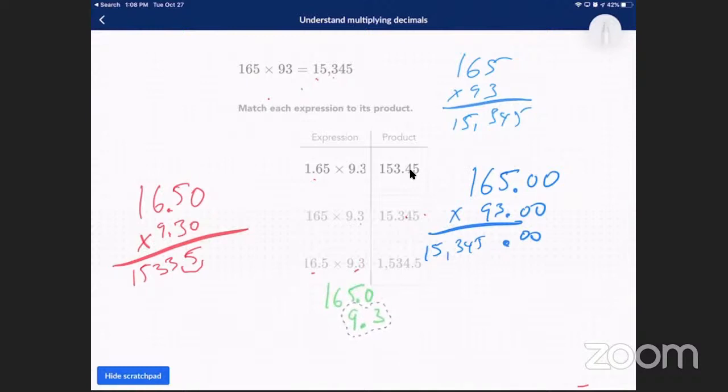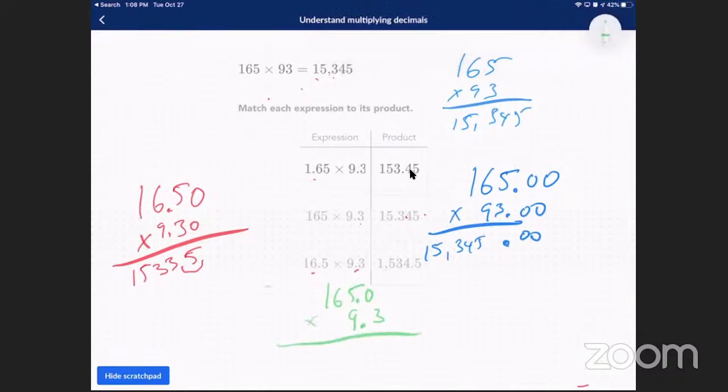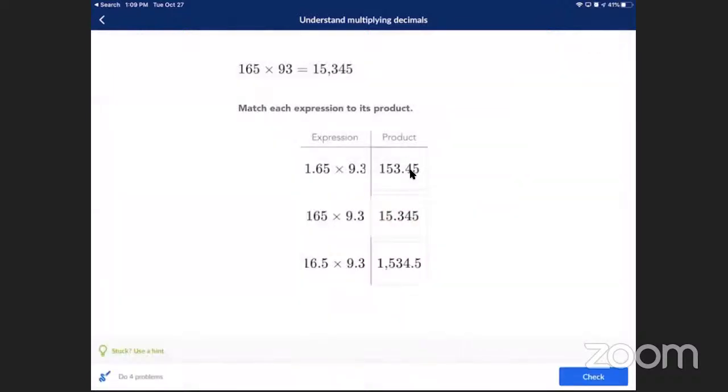Yeah, like that. So that way we would know where everything is when we line them up. So here would be 9 times 33. So we probably would only get 1, 2, 3, 1, 2, 3. So we're going to put that here, 15.345.